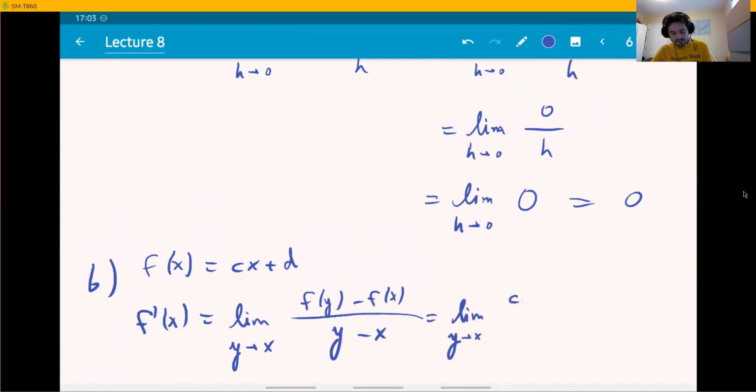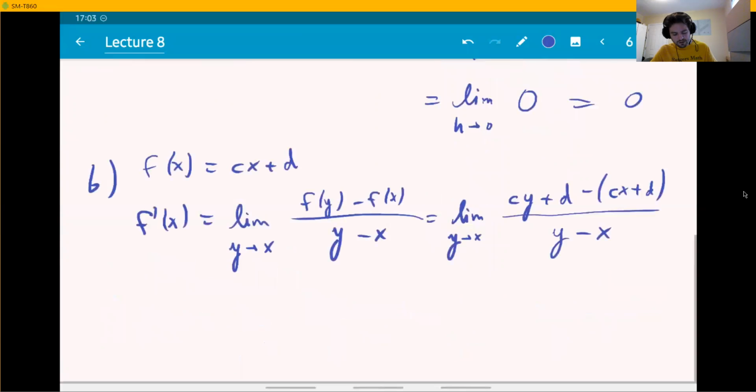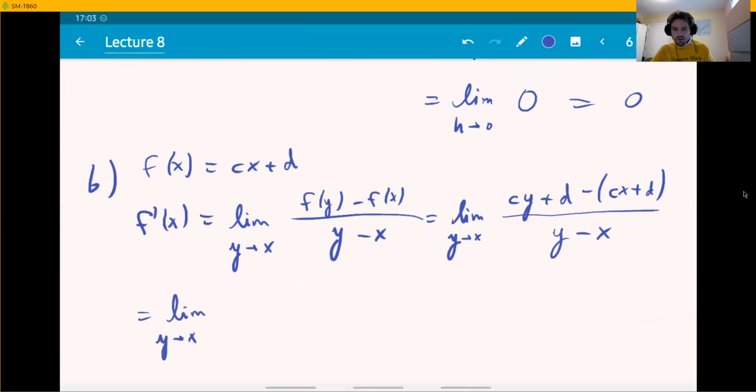Well, f of y is cy plus d. f of x is cx plus d. I'm writing parentheses because there's this overall minus sign in front of it. Now let's do simplifications. You see that the d's will go away. You have a plus d minus d.